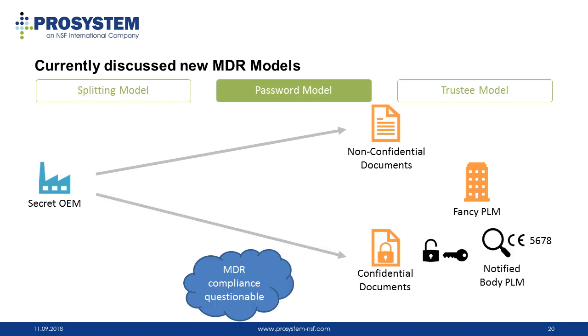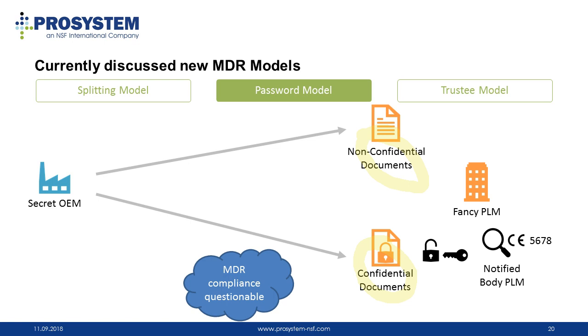So the second solution is the so-called password model, which is similar to the first solution. So you've got a non-confidential part of the documentation, and you've got a confidential part of your documentation. And this confidential part is then also available at the private label manufacturer. So this is the difference to the splitting model.